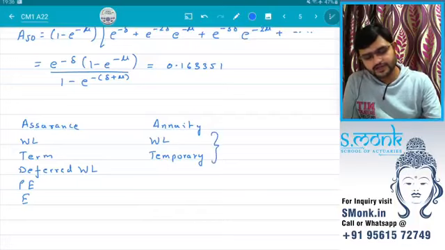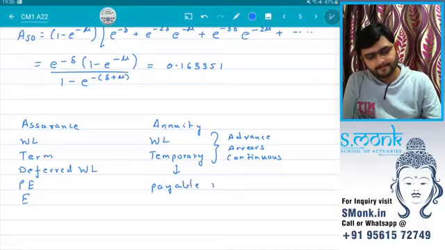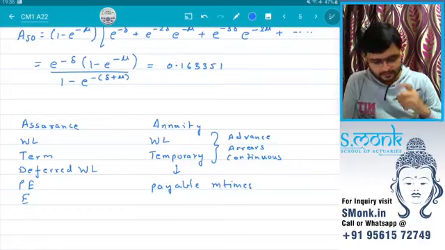Right. In this we had 3, that is advance, arrears, and continuous. Then we had payable M times for both of them.